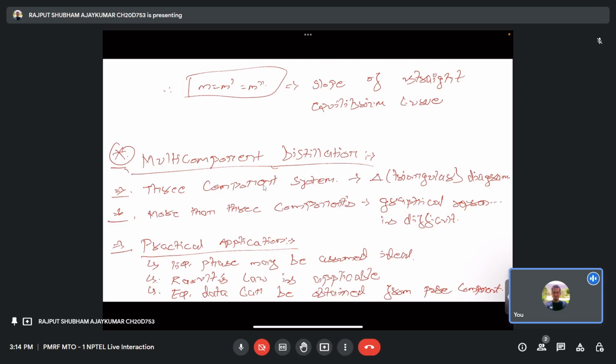Okay, we will go through one topic, which is the number of distillation towers.